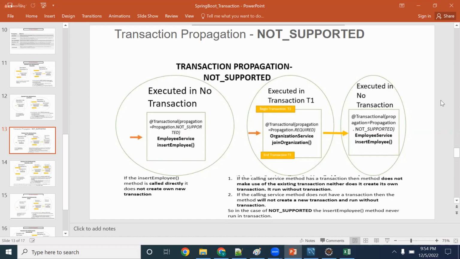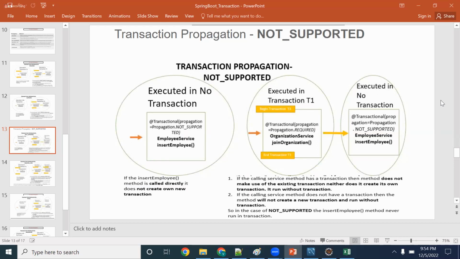In case you want to write any code outside of the transaction, maybe the organization service has 10 services: employee service, gratuity service, provident fund service, HR service, project code service, or any other things typically.